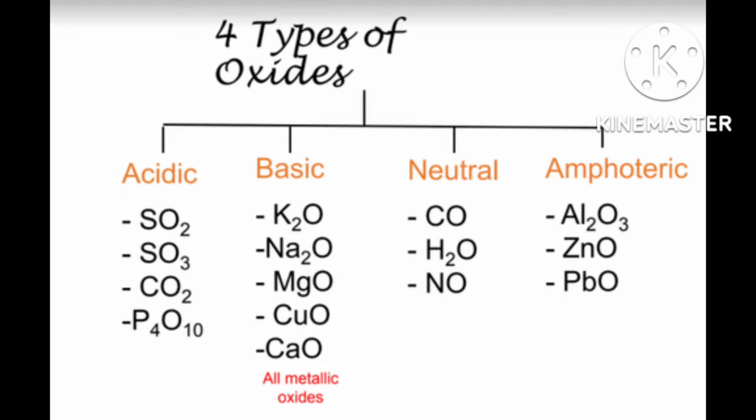This is the definition. How will you define oxidation state? I told you, the oxidation state of an element in a particular compound can be defined as the charge acquired by its atom on the basis of electronegativity considerations from the other atoms in the molecule.